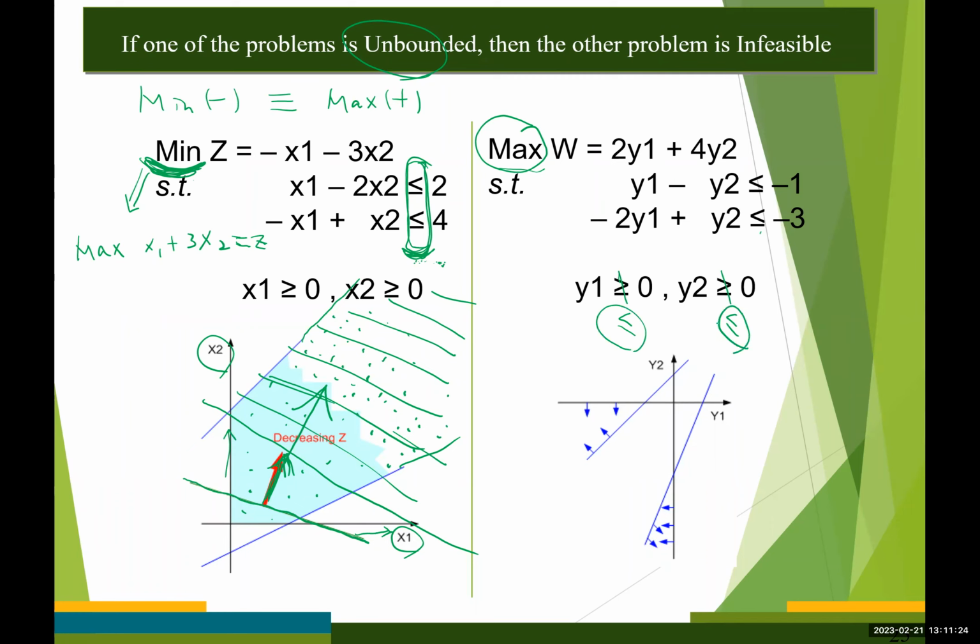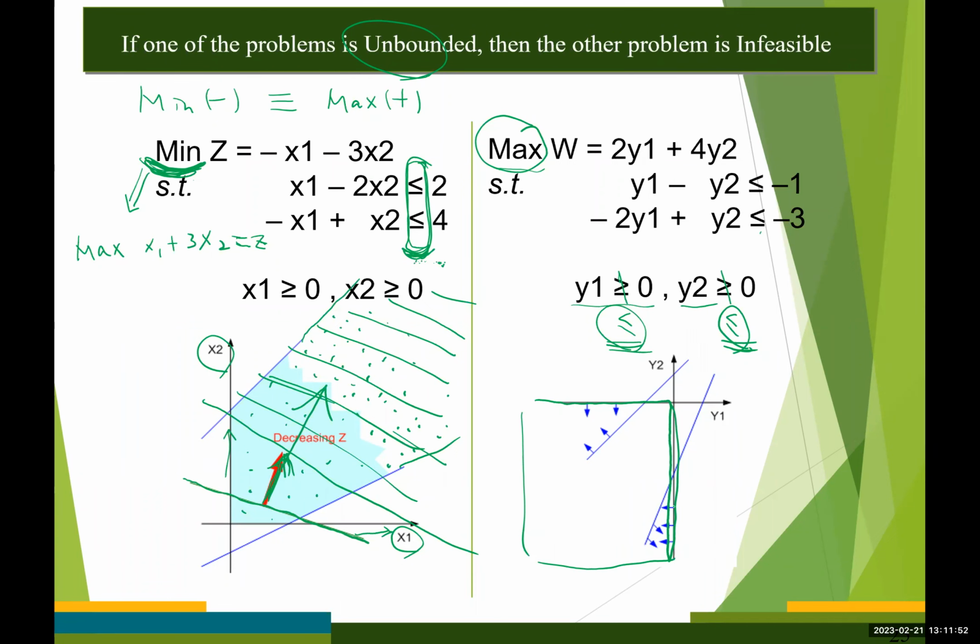So this must be the correct answer. Okay, so y1 and y2 both must be less than or equal to 0. That's why we are considering this quadrant, the third quadrant, right? So we need to consider this side.